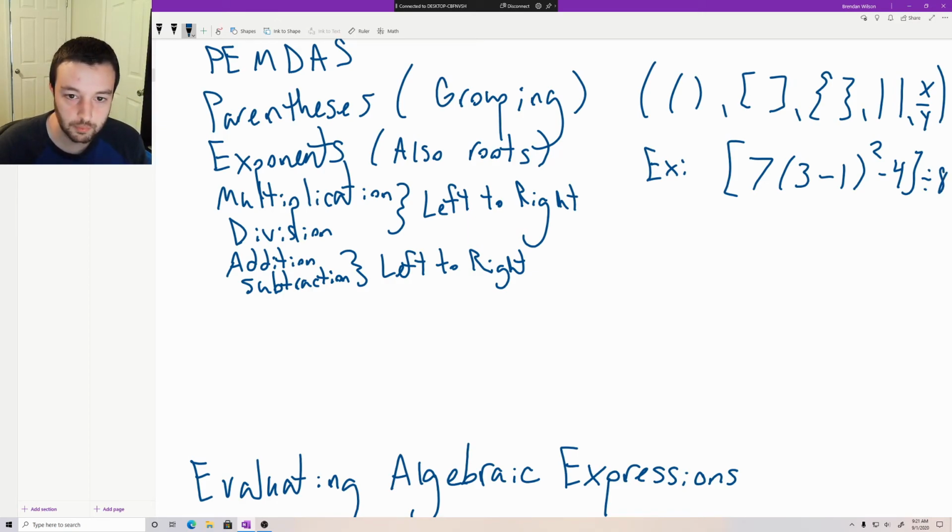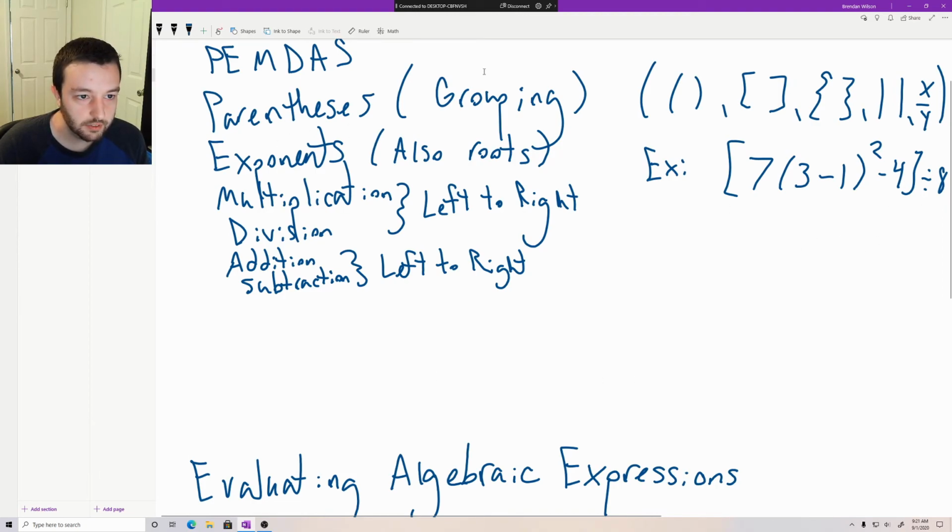So we have bracket 7 times parentheses 3 minus 1 end parentheses, whole thing squared, minus 4 end bracket, divided by 8. So we want to look at what we should do first. Looking at the problem as a whole, we have two options here: the brackets and the division.